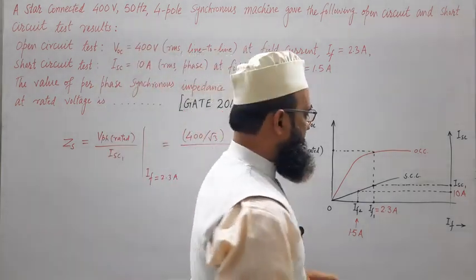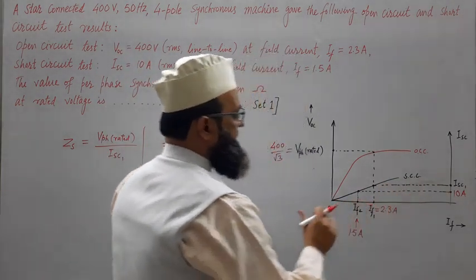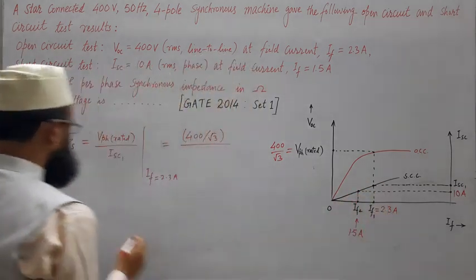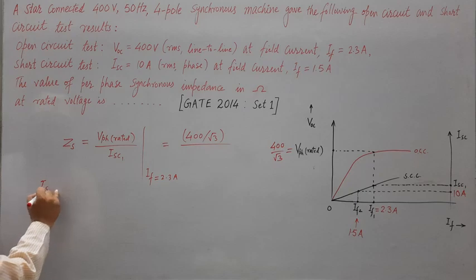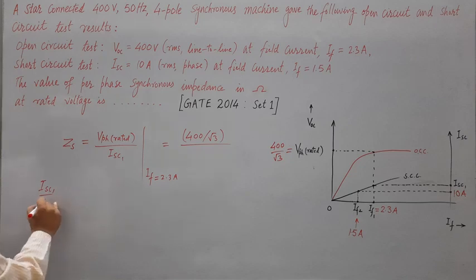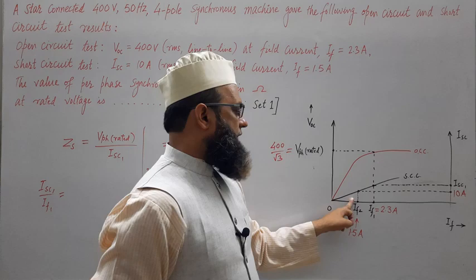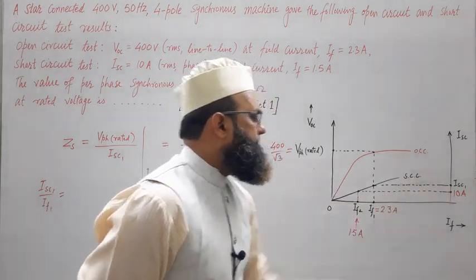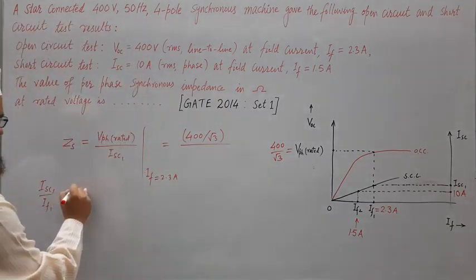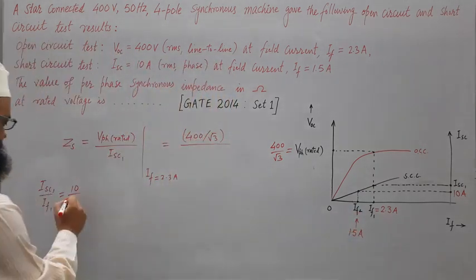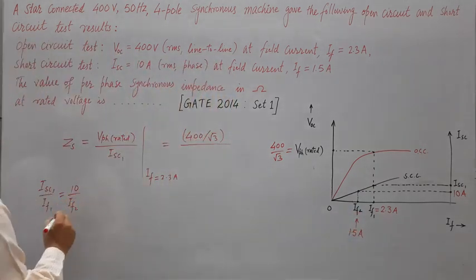Again the same technique as discussed earlier. So how to get that? Take two similar triangles. In one, tan theta will be ISC1 perpendicular upon IF1, and in the other right angle triangle, the same tan theta may be written as perpendicular 10 ampere upon base IF2. So substitute the values.